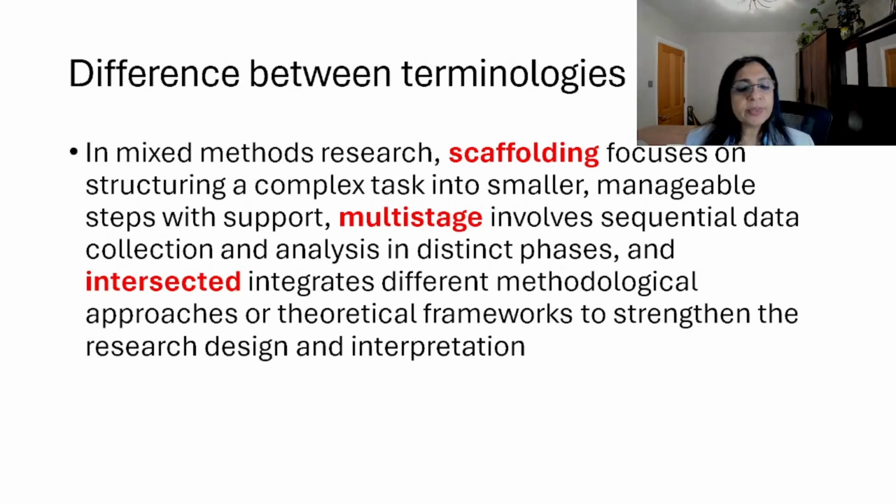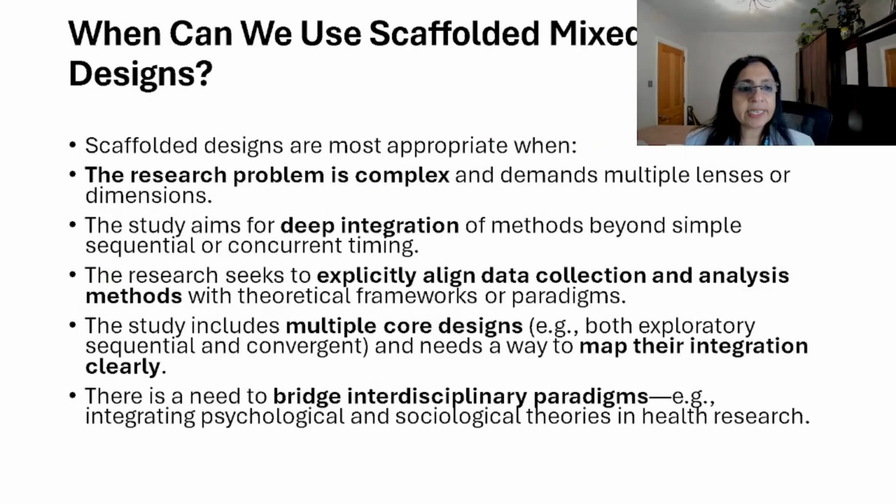So the difference between terminologies: we have seen the intersected design, and scaffolding and multistage. In mixed method research, scaffolding focuses on structuring a complex task into smaller manageable steps with support. Multistage involves sequential data collection and analysis in distinct phases, and intersected, the previous design, integrates different methodological approaches or theoretical frameworks to strengthen the research design and interpretation.